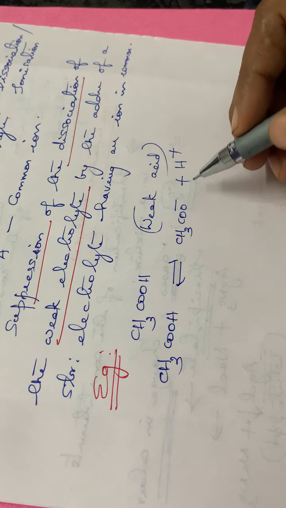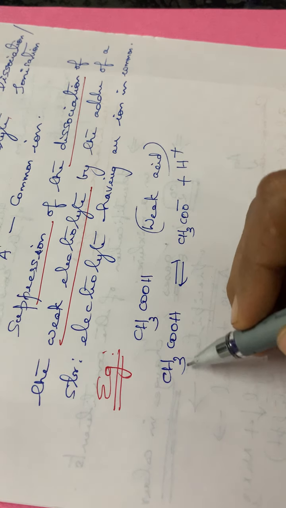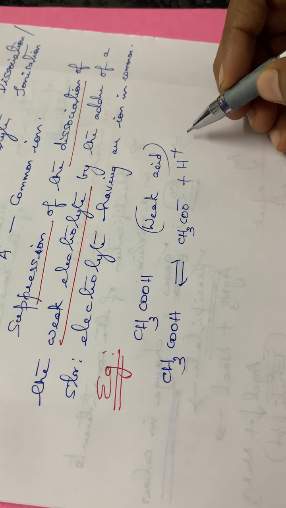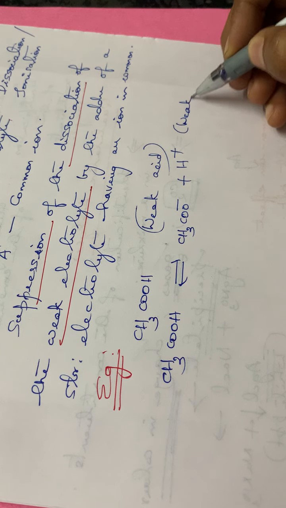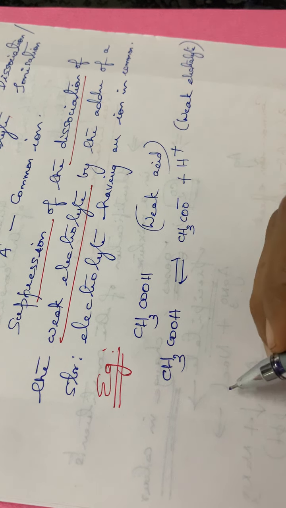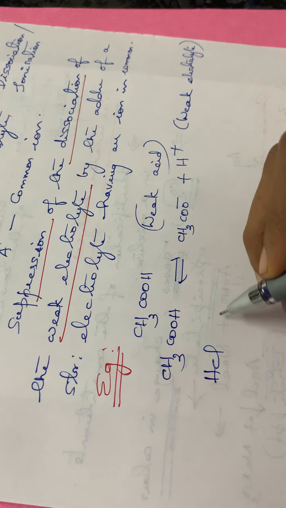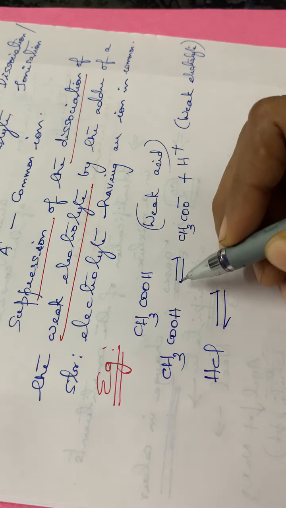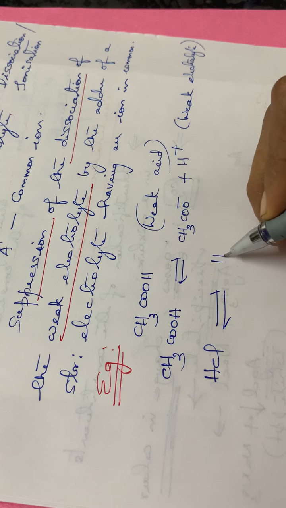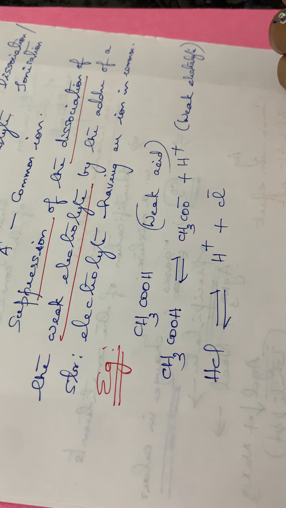And to this weak electrolyte, I am adding, say, a strong electrolyte HCl. HCl is a strong electrolyte. So I am adding this strong electrolyte to this weak electrolytic solution. HCl will be ionizing as H plus and Cl minus.